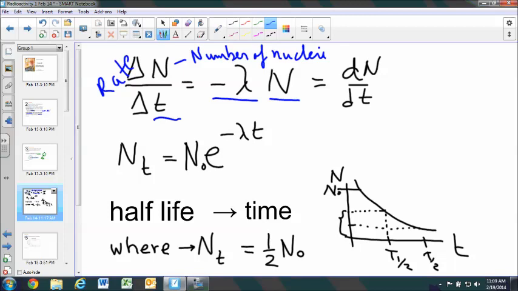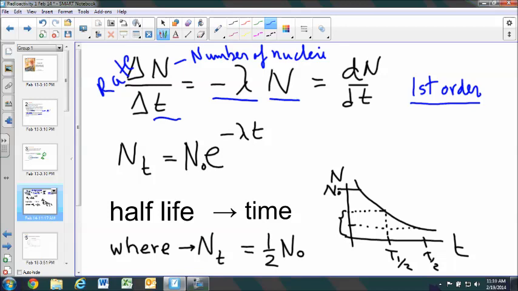And this we will call in chemistry in general a first order reaction, where the rate of the reaction depends linearly with the number of atoms that you have of that particular compound. And of course, if we use calculus here, you can rewrite this equation by using the differential of N over t.